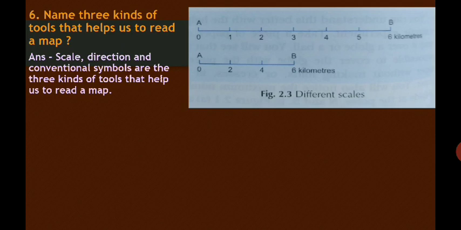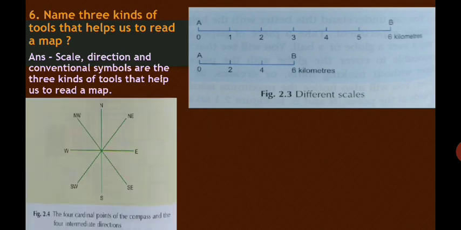These are different scales. The first one represents 6 kilometers and another one also represents 6 kilometers, but the distance between 0 to 6 kilometers is different in both scales. In this way we can take our scales by our own need.